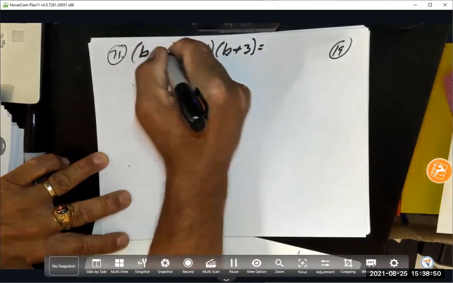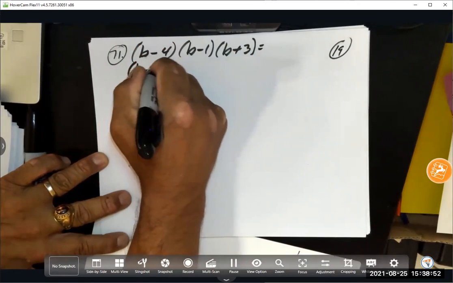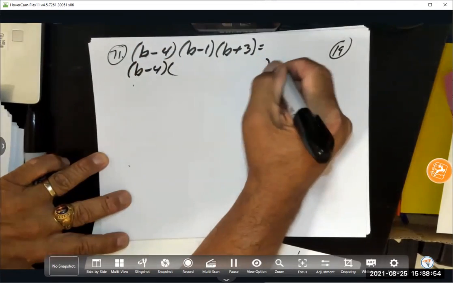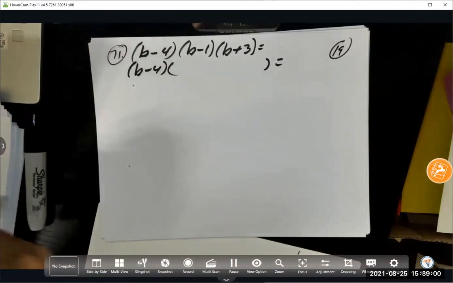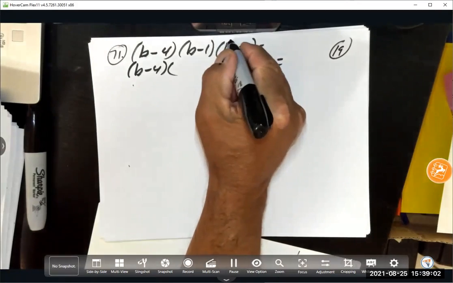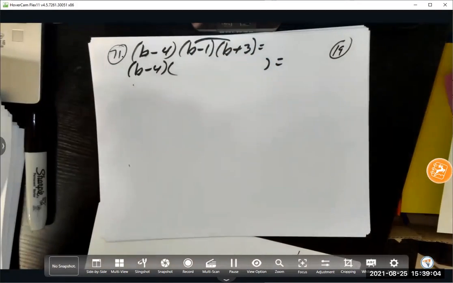Like that. So this is going to be b minus 4, and I don't know. What do you think it's going to be? What is this right here? I don't understand why you dropped the first part.